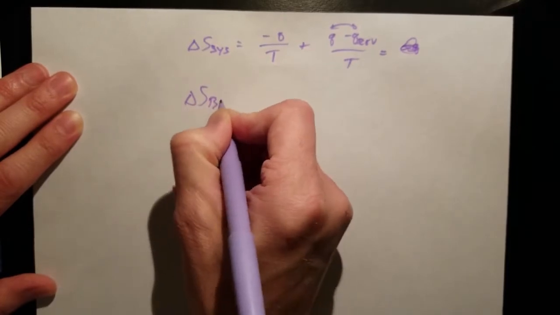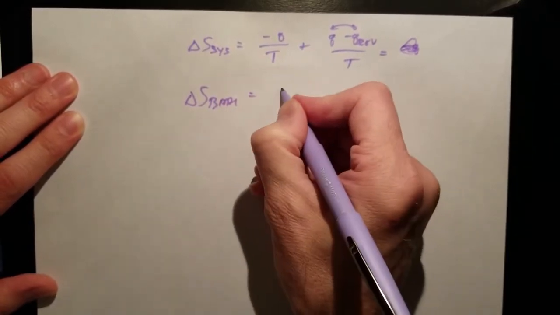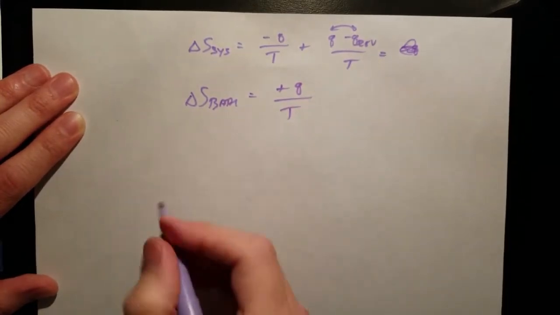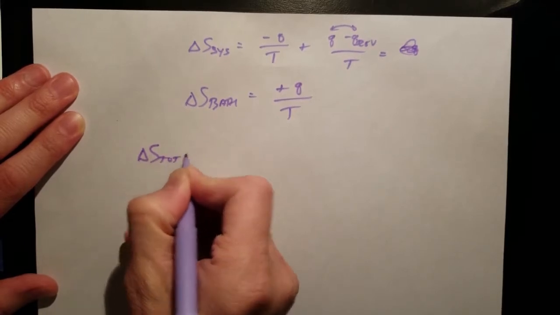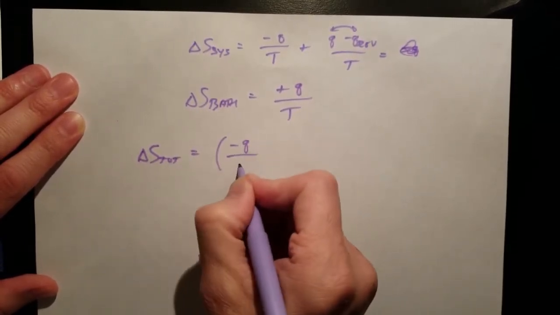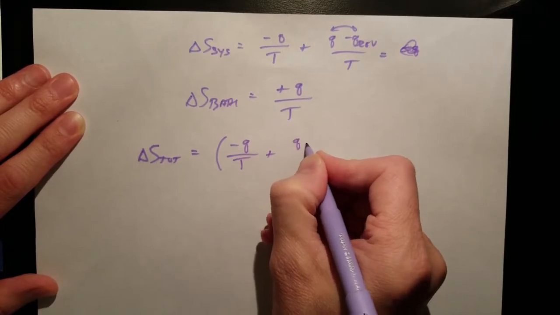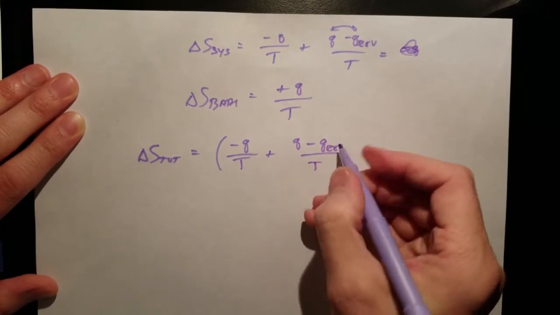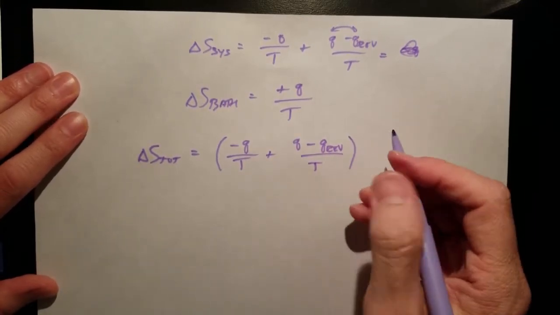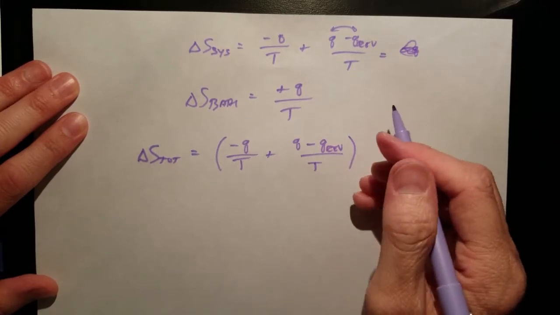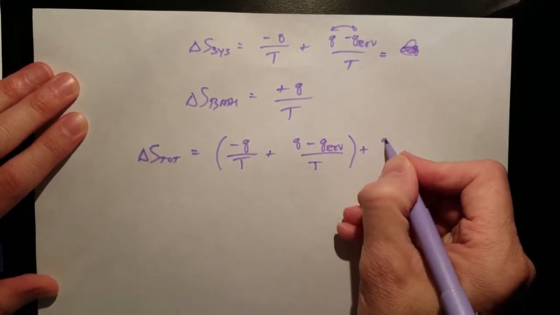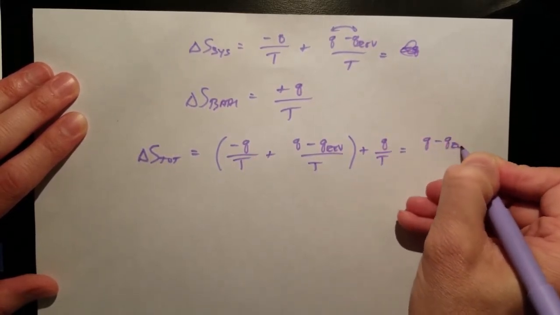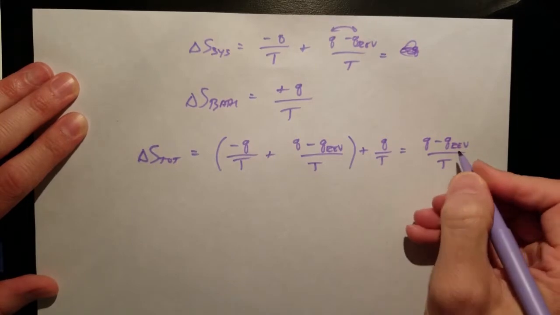And delta S bath is equal to plus Q over T. So delta S tot is equal to negative Q over T plus Q minus Q reversible over T plus Q over T, which is equal to Q minus Q reversible over T.